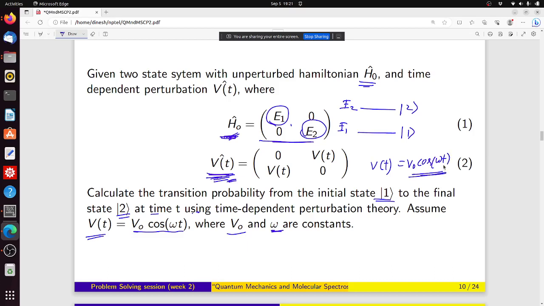So this perturbation is clearly time dependent, and it varies as a function of cos. Now we have to find the transition probability from state 1 to 2, right? From class you might be remembering the transition probability is equal to the coefficient square.